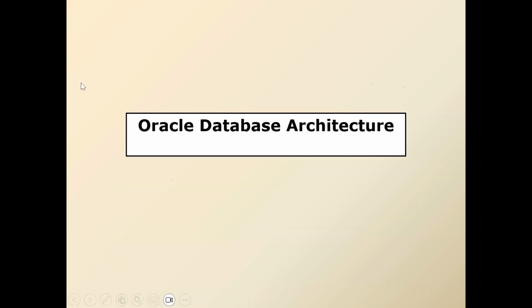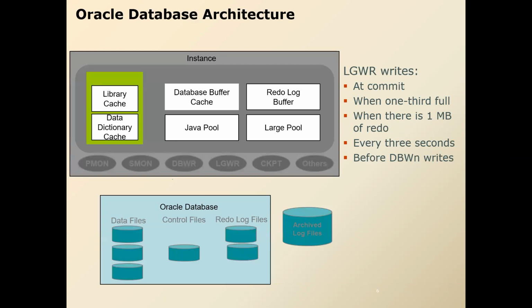Okay, so it is very important for us to understand how Golden Gate works, so let us discuss Oracle database architecture to understand it. Oracle database is divided into two parts: the instance and the Oracle database files.